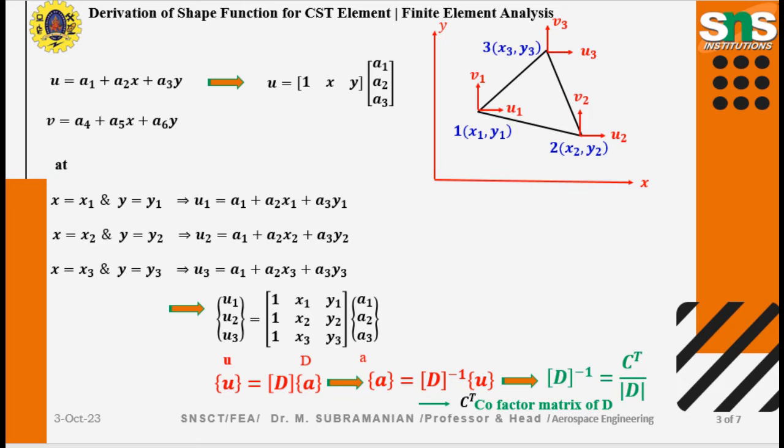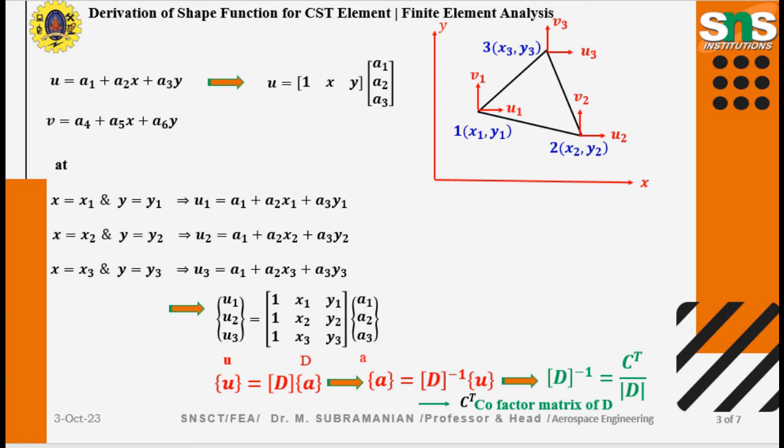But here we have another degree of freedom, that is v. So for derivation I am going to consider u, and finally we are going to merge v with the above equation.